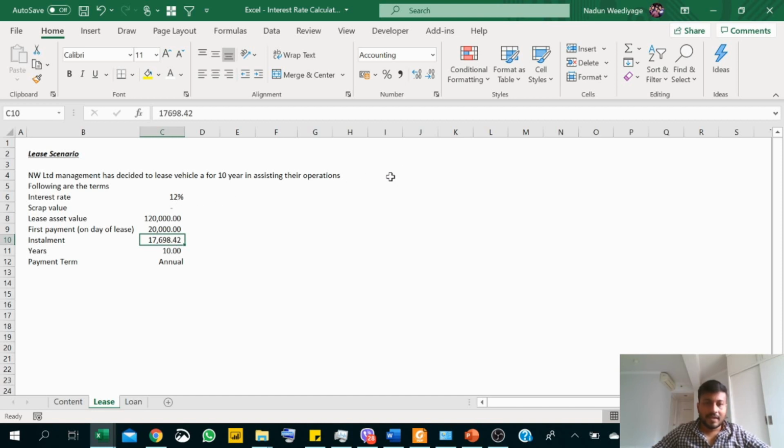The theoretical aspect of this is, let's say we want to see whether the interest rate is correct.